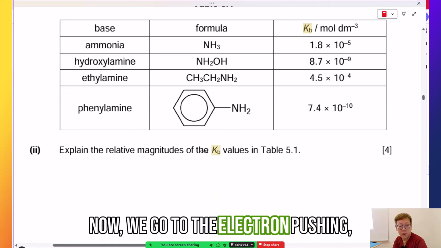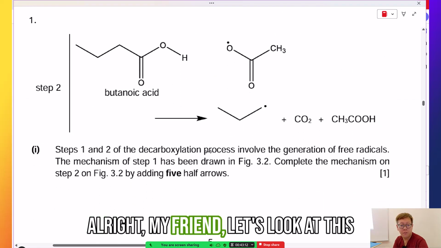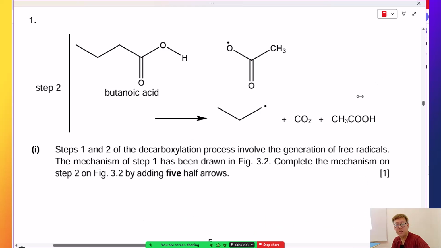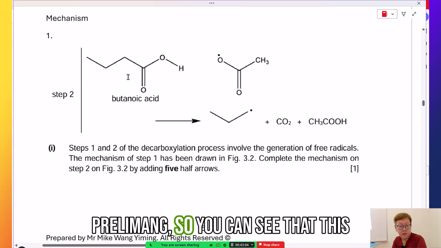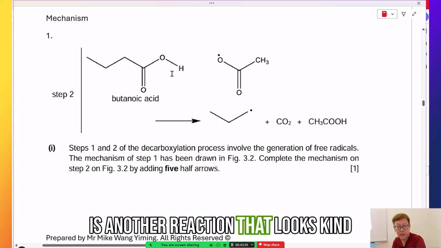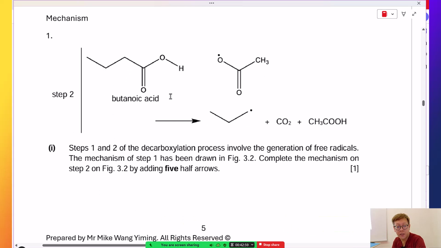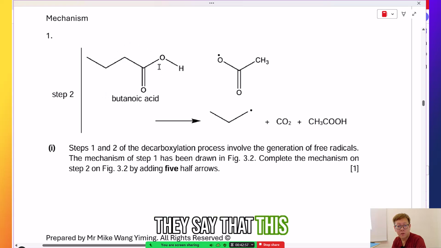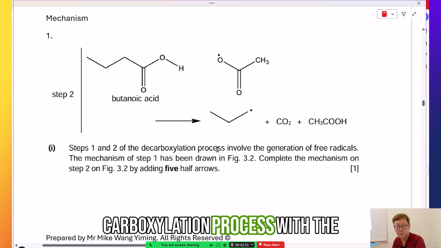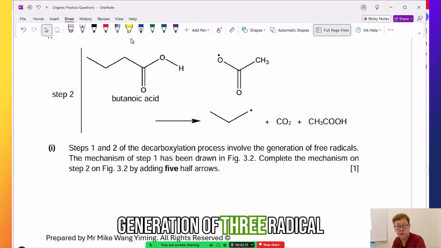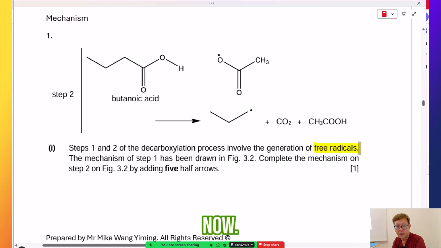Now we go to the electron pushing. Alright, my friend, let's look at this together. This is from last year's prelim, so you can see this is another reaction that looks kind of complicated. They say that this compound undergoes the decarboxylation process with the generation of free radicals.